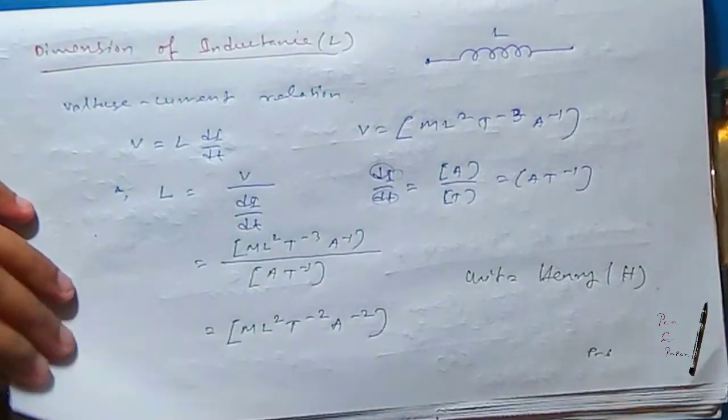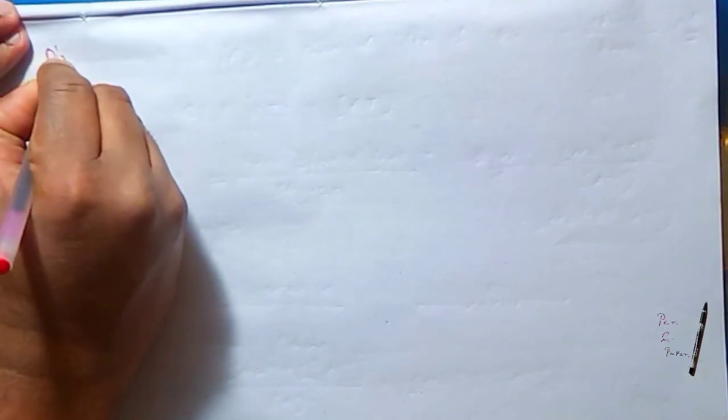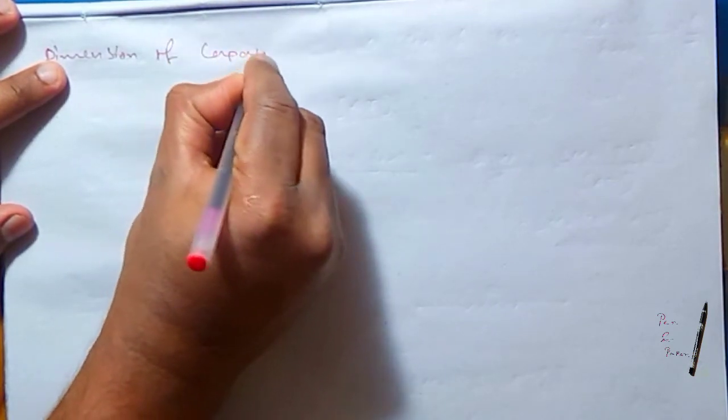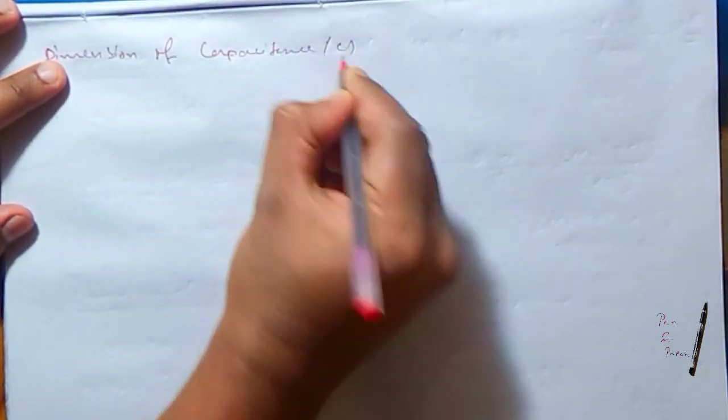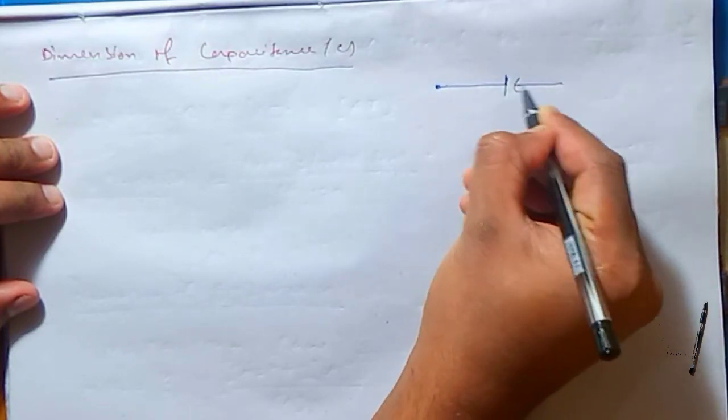This is page 6. Now I find the dimension of capacitance. Okay, the symbol of a capacitor is like this.